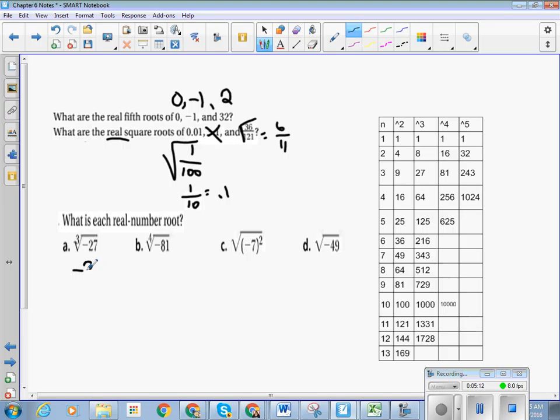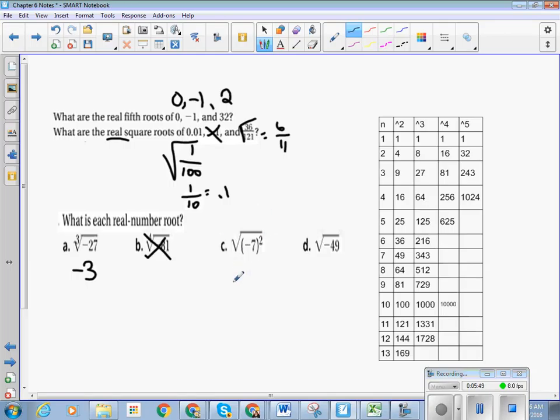Because we have an odd index, we're allowed to deal with negatives. So let's look at B. What is the fourth root of negative 81? What times itself 4 times will give us negative 81? Normally we would pick 3 if it was just 81. But because it's negative, there is no real number root.